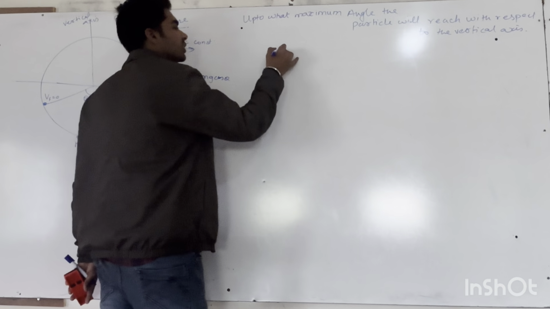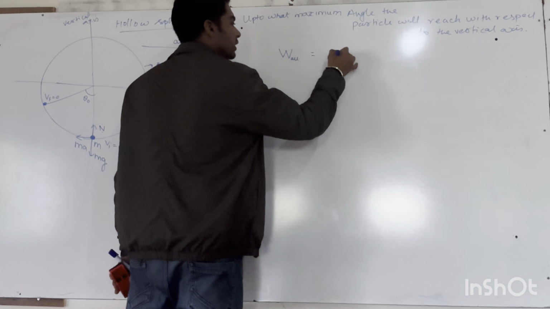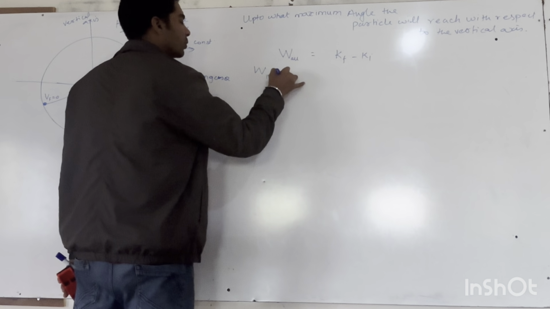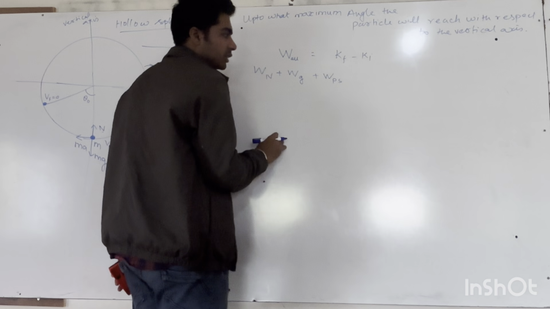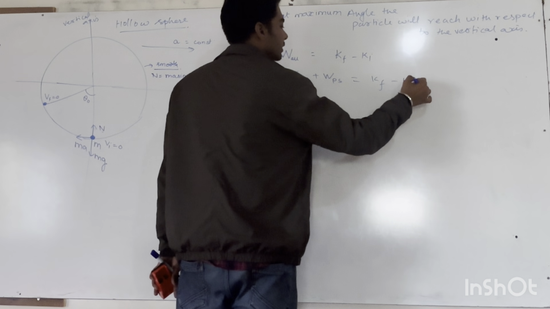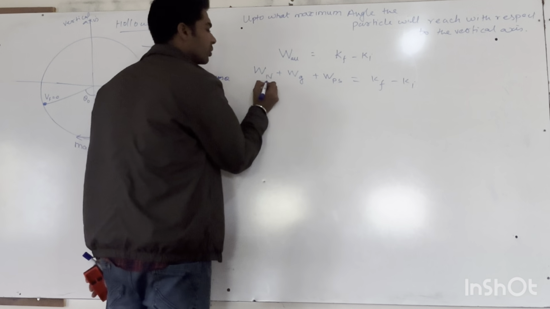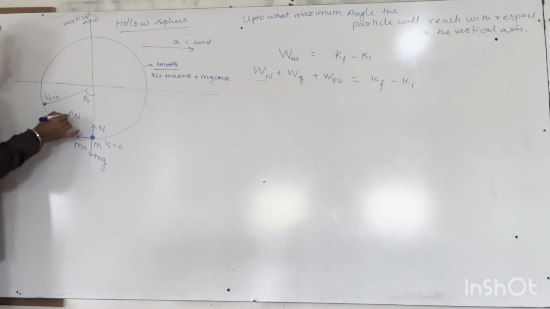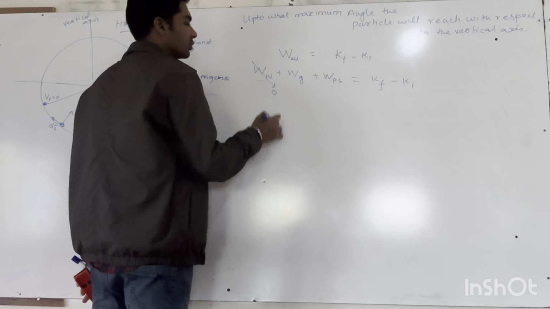So what is the statement of the work energy theorem? Work done by all the forces is equal to the change in kinetic energy. What is the work done? Work done by normal force plus work done by gravity plus work done by pseudo force is equal to the change in kinetic energy. Since at every instant the normal is perpendicular to the displacement vector, the work done by normal force is directly equal to 0.